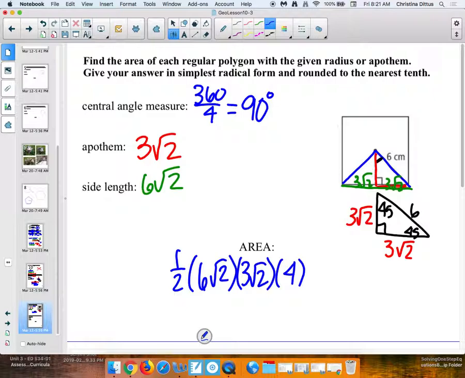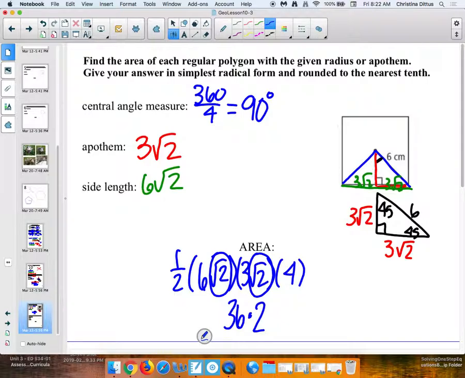Okay. Hopefully this math is a little easier. Half of 6 is 3. 3 times 3 is 9, times 4 is 36. What is the square root of 2 times the square root of 2? Square root of 4, which is 2.